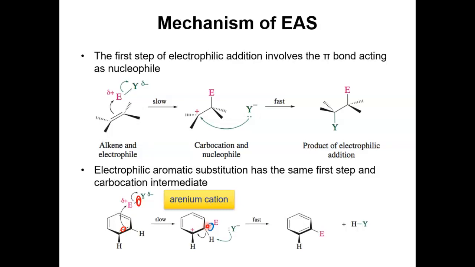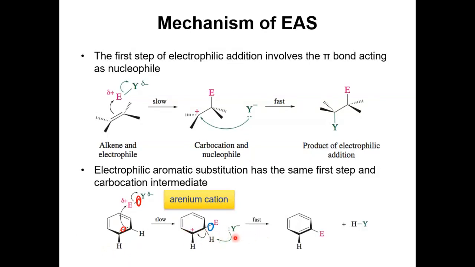Aromaticity, we know, provides at least 100 kilojoules per mole of stabilization, typically 150 or so depending on the system, which is a huge stabilization. So the loss of aromaticity also makes this step highly endothermic. So this step is always rate limiting.